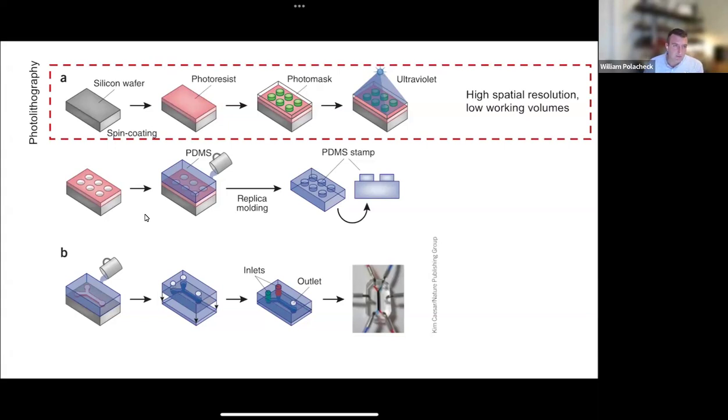So there is a multi-trillion-dollar industry in figuring out how to pattern silicon, taking advantage of its semiconductor properties, and we can leverage all of the research and technological developments done there in the microchip world to make better microfluidic devices. But broadly, this process of photolithography provides the high spatial resolution and low working volumes that were the requirements for this assay that were laid out on the previous slide.